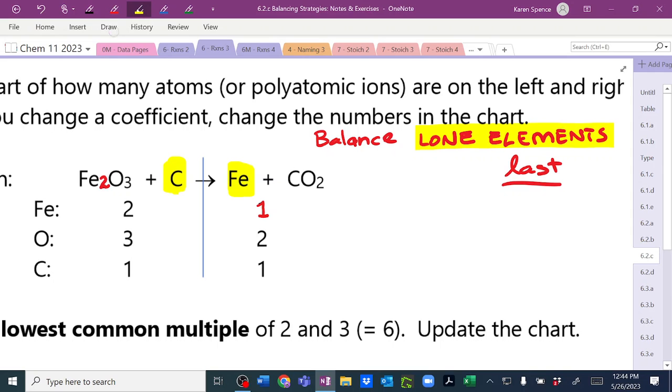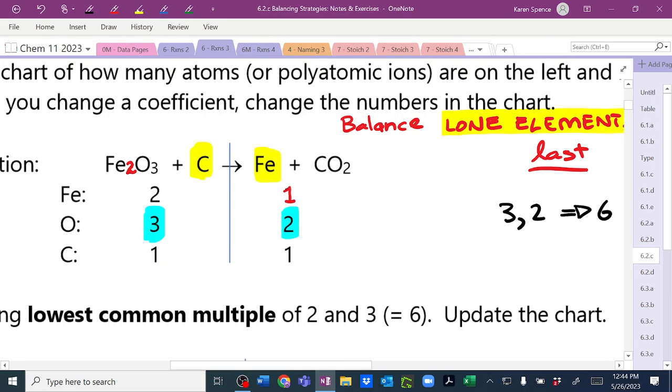And if you remember from last day, here we have a 3 and we have a 2. If we have a 3 and a 2, we should be aiming for how many? 6. So let's try and get 6 oxygen on the left. What coefficient do we need to get 6 oxygen on the left? We need a 2.